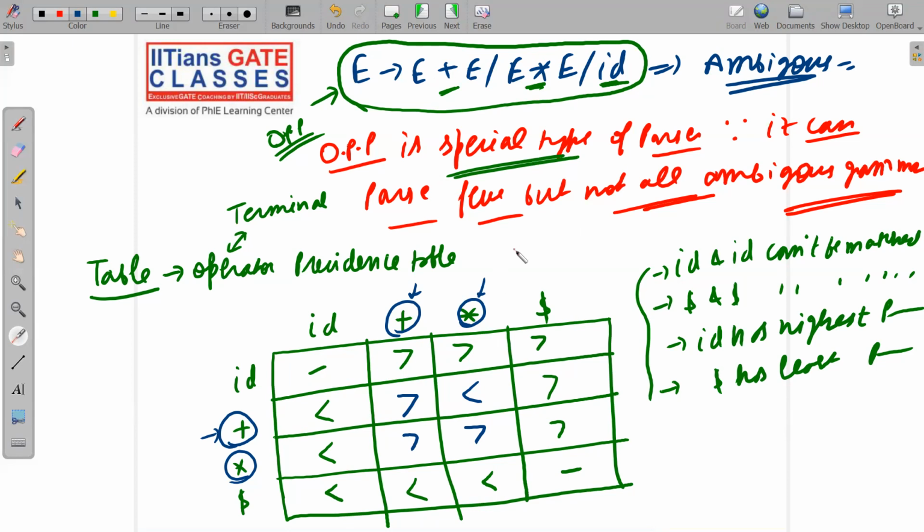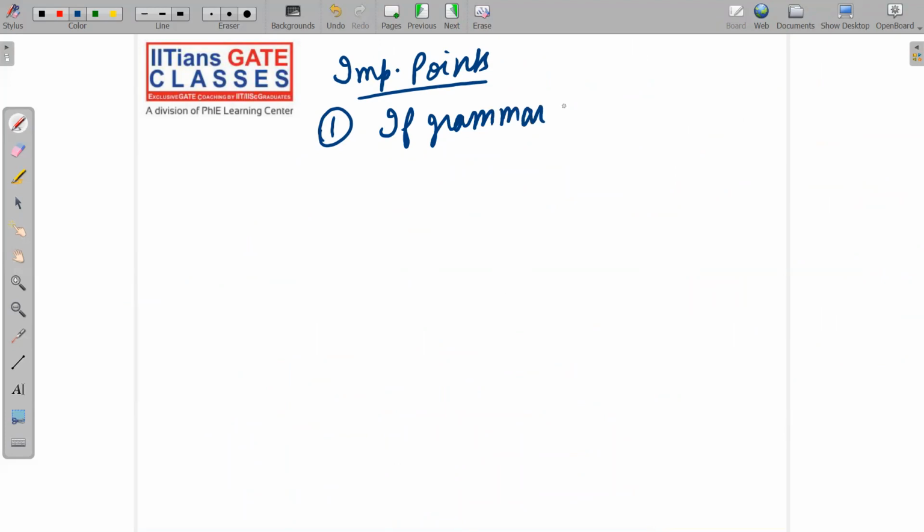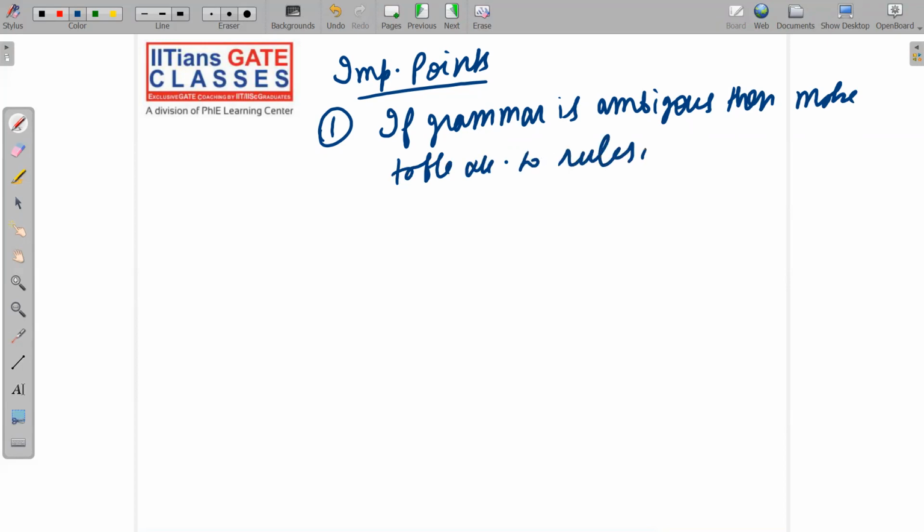I will jump to the next slide and write down these points because these are very, very important points. So the first important point is, if grammar is ambiguous, then make the table according to rules of mathematics.